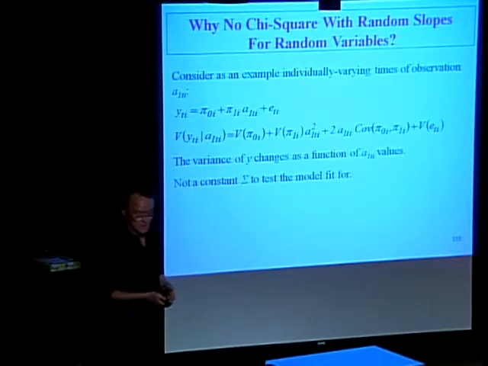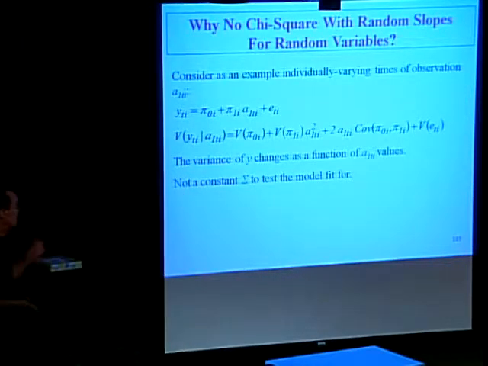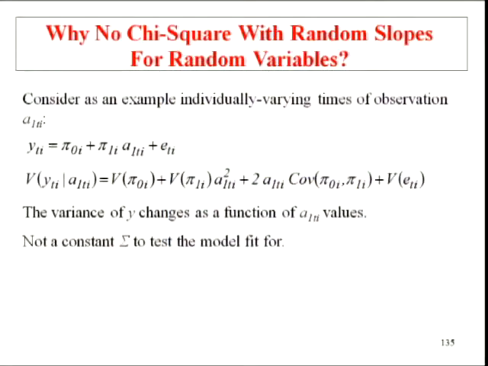So here's the question, on slide 135. Why no chi-square? Sounds like our 6-year-old grandson talking. Why no chi-square? Why is there no chi-square with random slopes for random variables? Yeah, people coming from the SEM, CFA world, they really miss those chi-square model tests of fit.